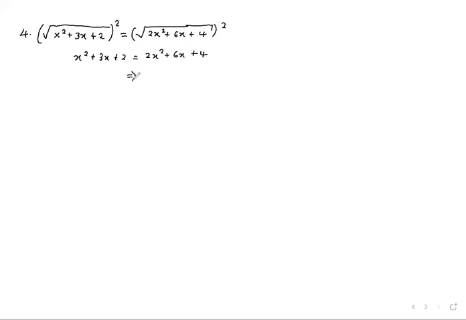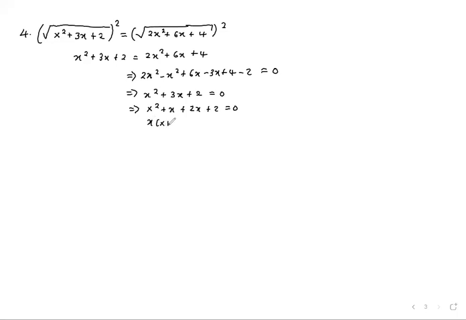Then take the left one on the other side so that you have 2x squared minus x squared plus 6x minus 3x plus 4 minus 2 is equal to 0, and get x squared plus 3x plus 2 is 0. Get the values of x. That would be x squared plus x plus 2x plus 2 is 0.